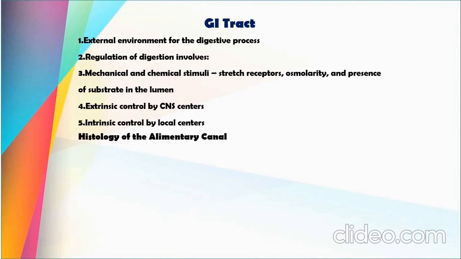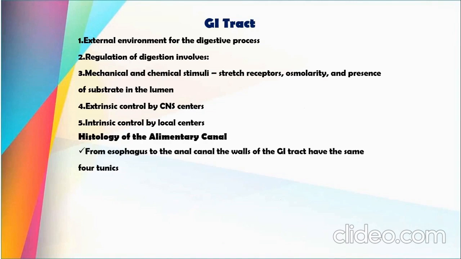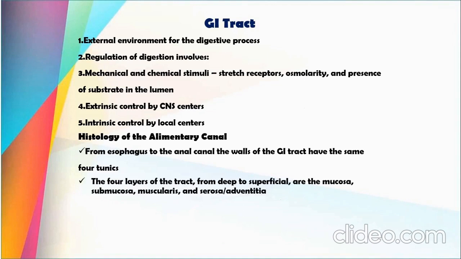Next one is the histology of the alimentary canal. From the esophagus to the anal canal, the wall of the gastrointestinal tract has the same 4 tunics. The 4 layers of the tract from deep to superficial are the mucosa, submucosa, muscularis and the serosa or the adventitia.